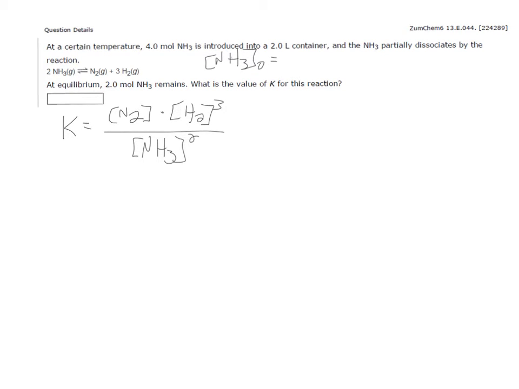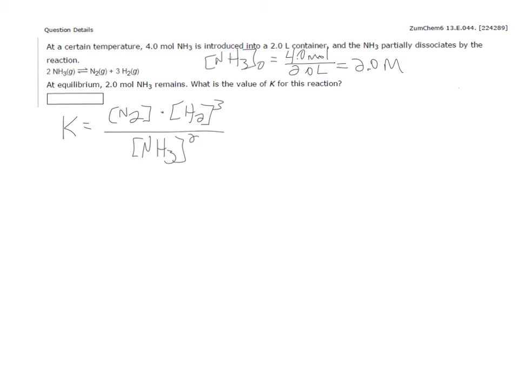That subscript has no mathematical meaning. It just means that we're talking about conditions at the beginning of the reaction. So 4 moles divided by the volume that they gave us of 2 liters. 4 over 2, of course, is 2. So 2 molar is the initial concentration of nitrogen trihydride.